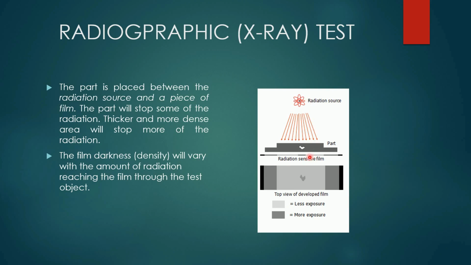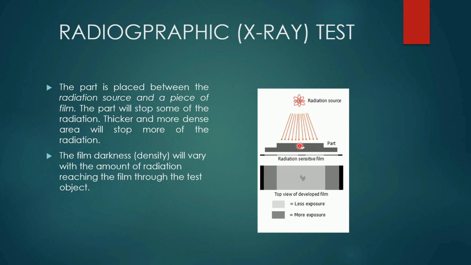When rays are thrown on the component from the X-ray source, they are absorbed equally over the whole area, and the image formed on the film gives the same intensity. But when there is any defect in the component, unusual absorption of the rays gives a change in intensity.